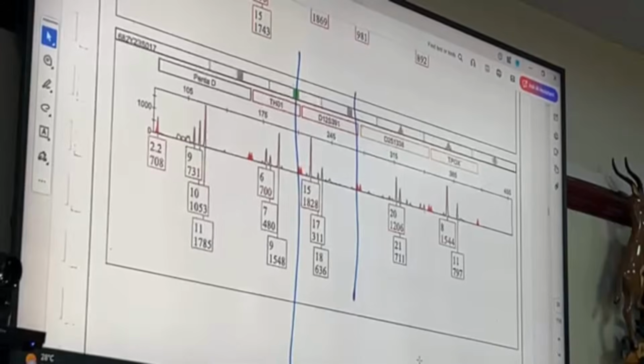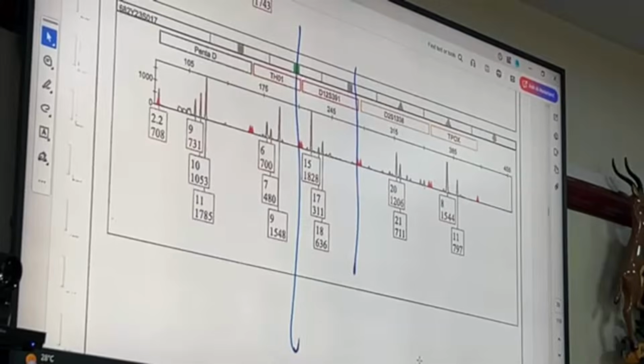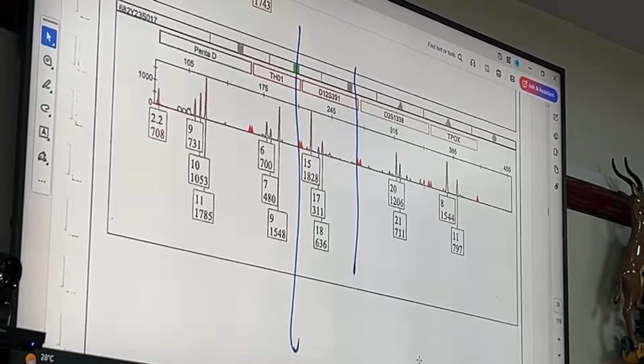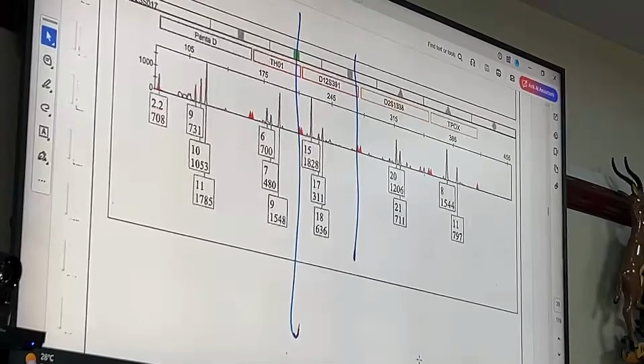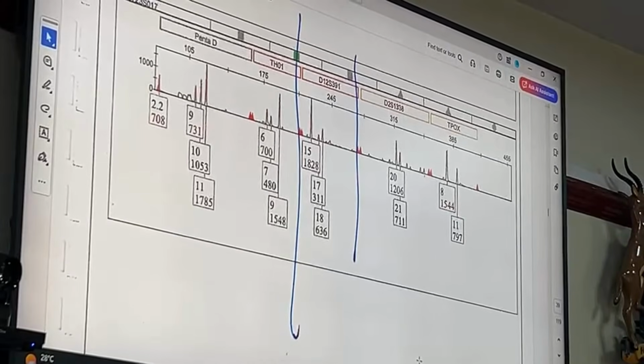Once the level of DNA starts to drop, the DNA doesn't adhere to the rules. And in this instance, we have a very strong 15, but in a 4-person mixture, you could have all of them having that piece of information and therefore inflating it. So there is no major profile in this result.